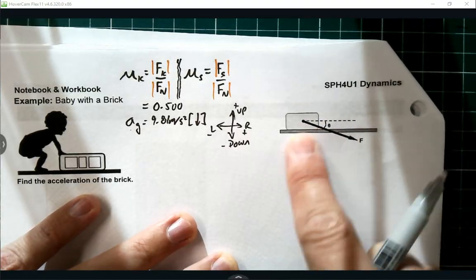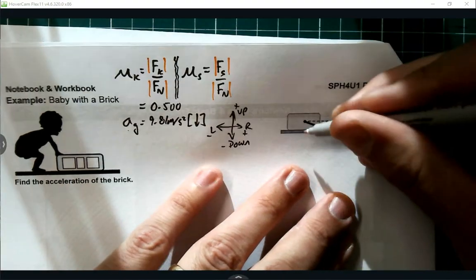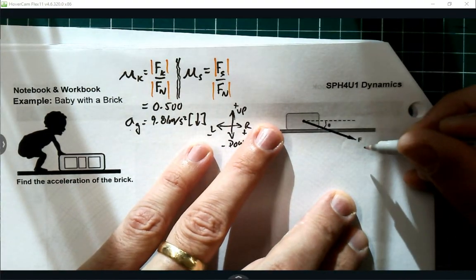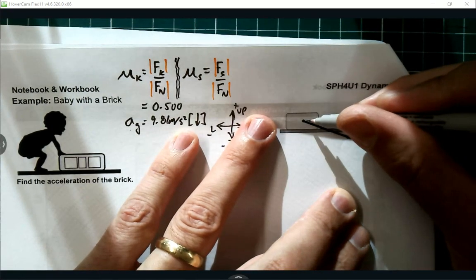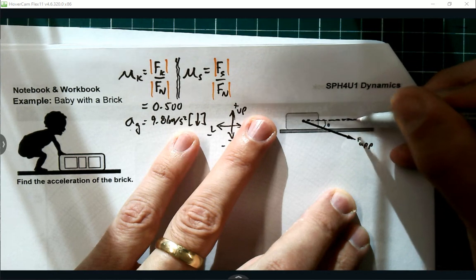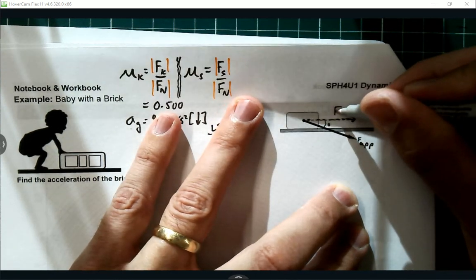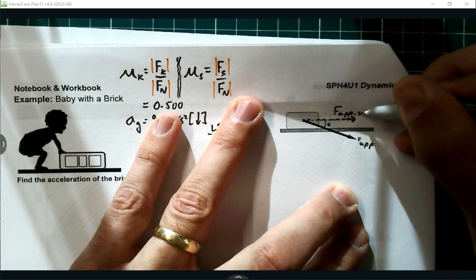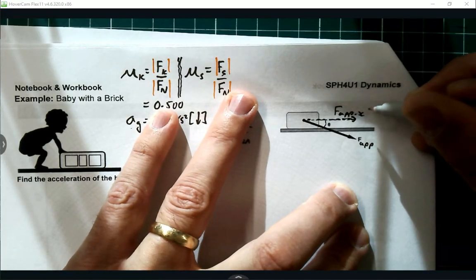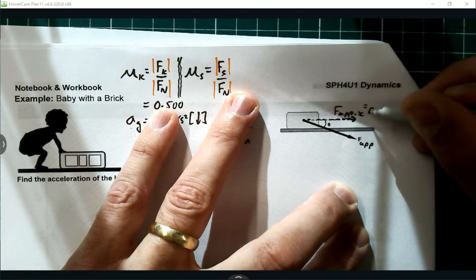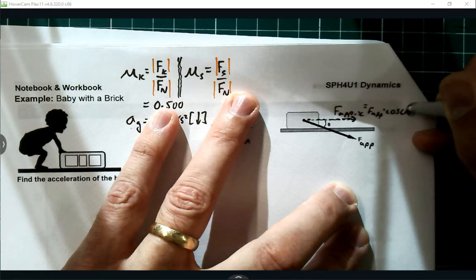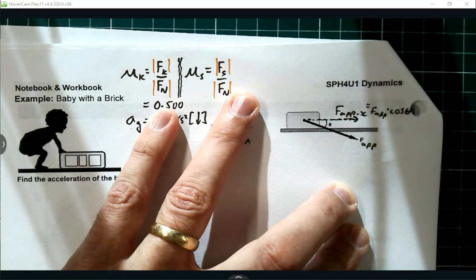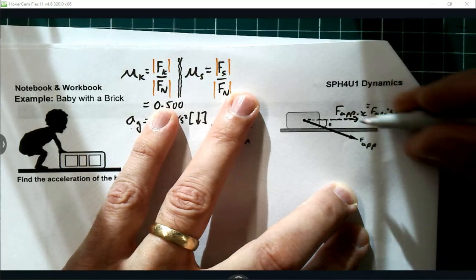Here's our knockdown illustration with no baby involved. But if I think about the applied force, let's call this applied force, then I would have, as a dotted line, F applied X, and that's going to be F applied cos theta, the way that this diagram has been drawn with theta relative to the horizontal.